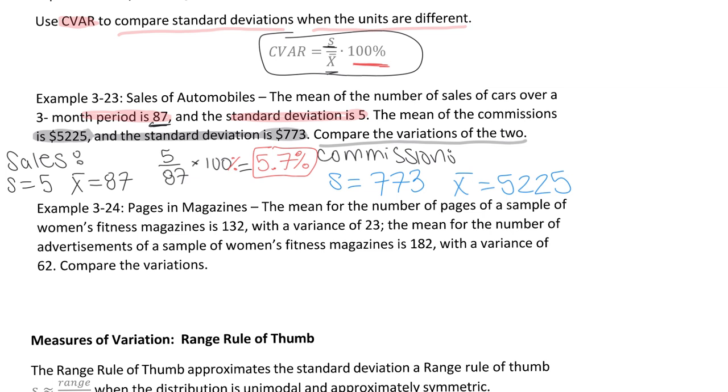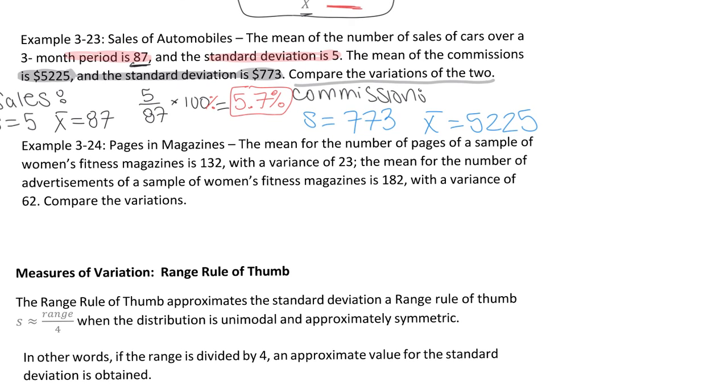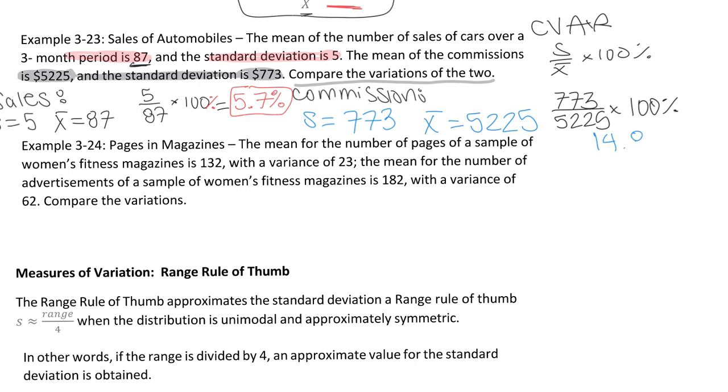They gave me the average as 5,225. Now I can just plug it into the formula where I have S over X, which is the average, times 100%, which turns it into a percent. So in this case, I'm going to have 773 over 5,225. I'll multiply that by 100 to get a percent. And if I do this correctly, I should get 14.8%. That is correct. Okay, so 14.8%.